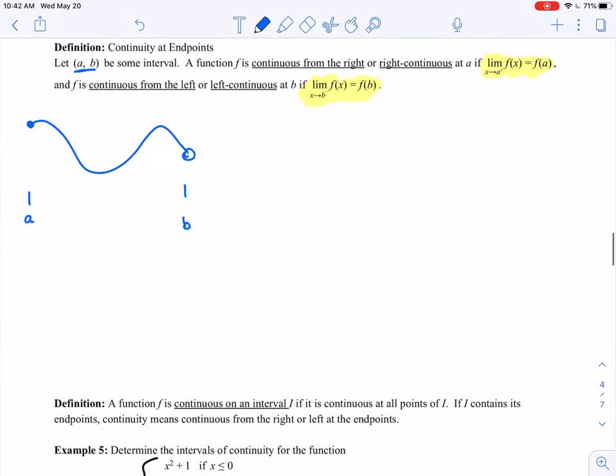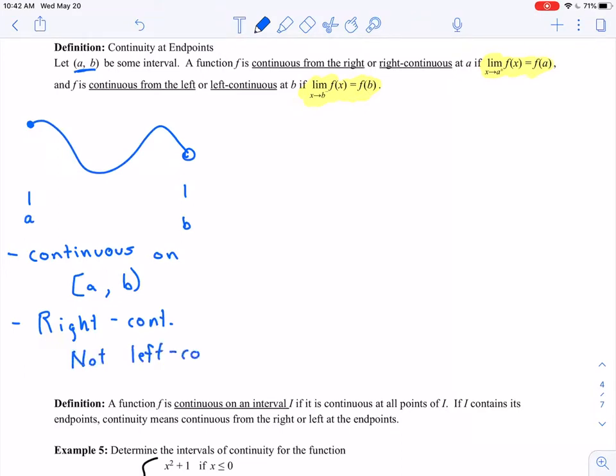So if I wanted to talk about this function being continuous on the interval a to b, where we are including a and not including b, what that means is that this function is right continuous, but not left continuous.